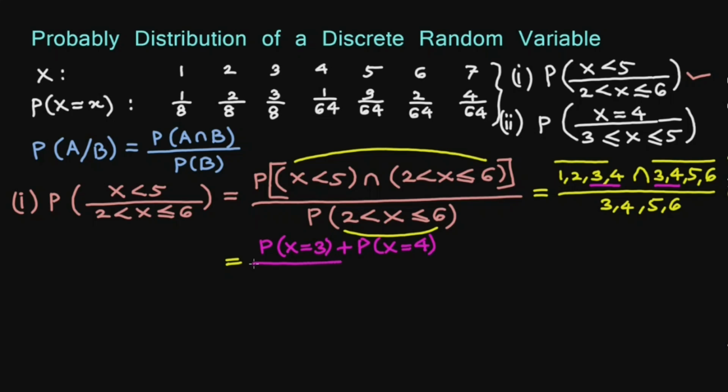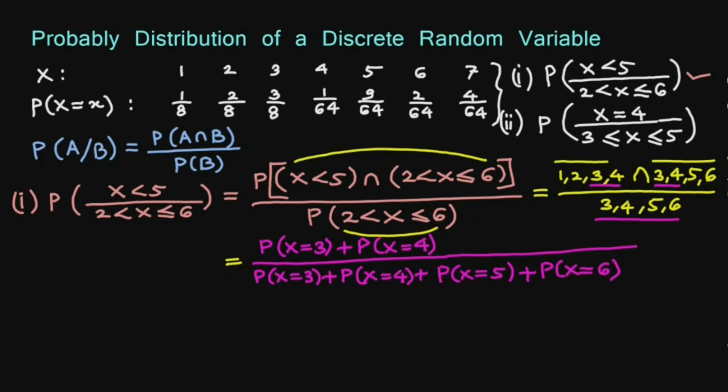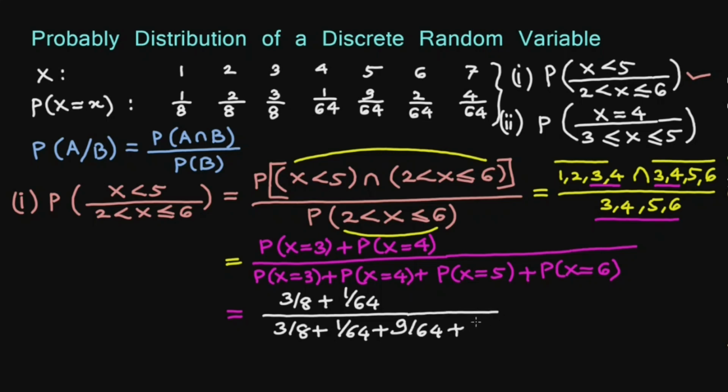In the denominator, it will be the addition of these four probabilities, p of x equals 3 plus p of x equals 4 and so on. After substituting the values, 3 by 8 plus 1 by 64 upon 3 by 8 plus 1 by 64 plus 9 by 64 plus 2 by 64.